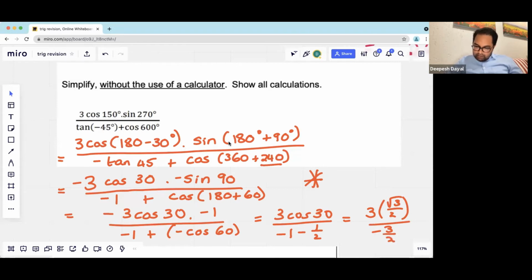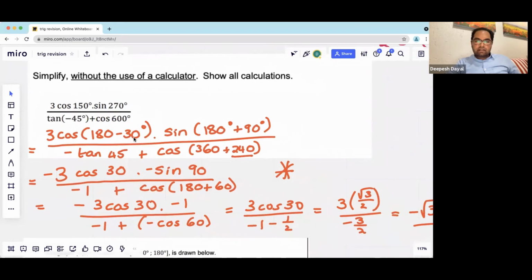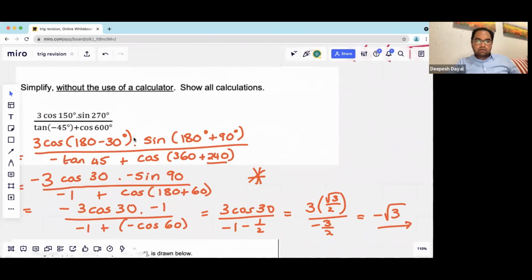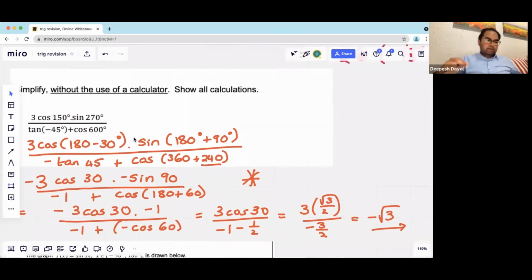And then finally, when you perform your calculation, your answer will be minus square root 3 as your final answer. Oops, I think I need to move this a little bit so that you can see. There we go. This is the final answer, right?